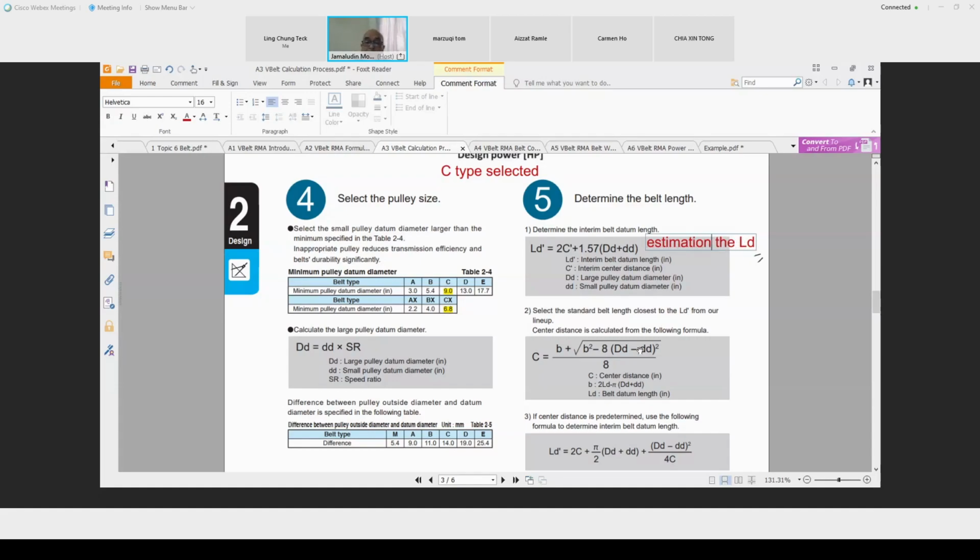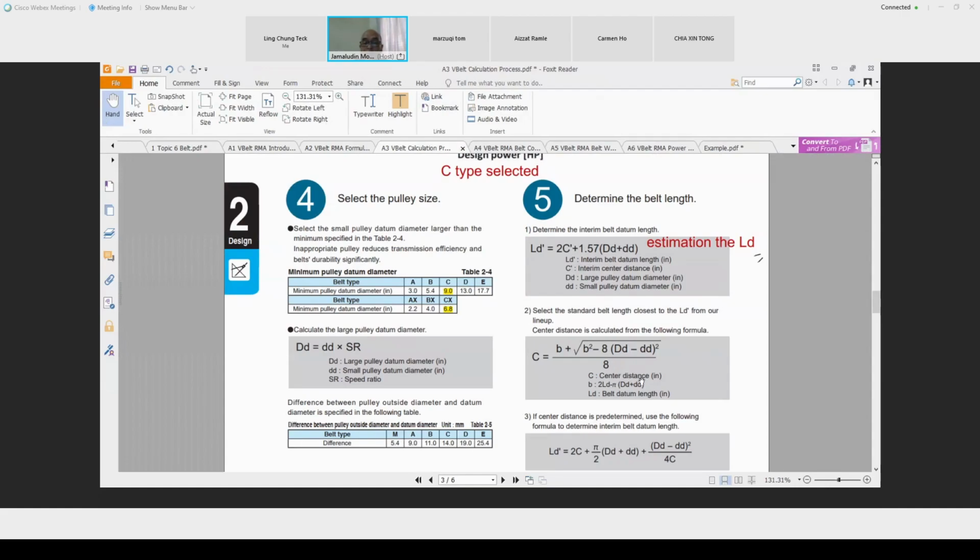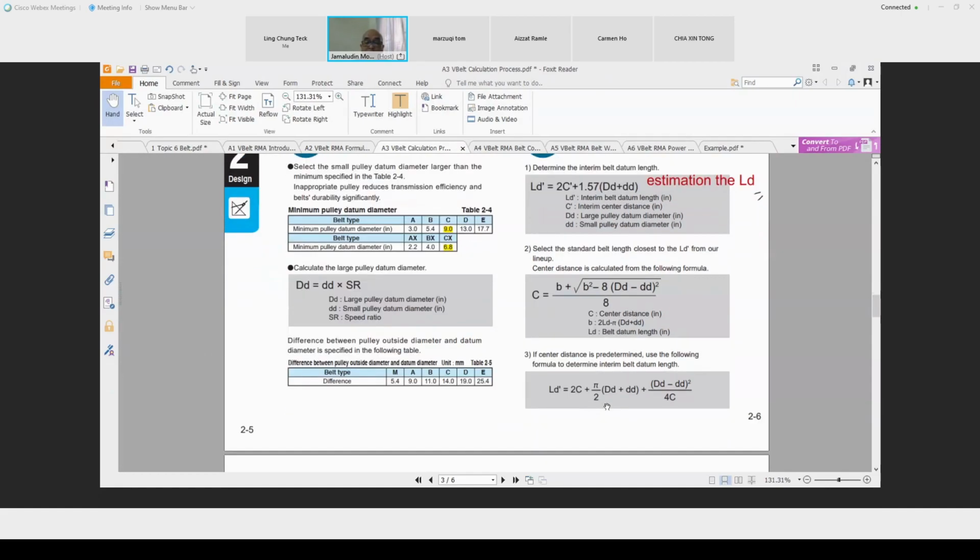Okay, the second equation here is the center to center equation, based on the B value, the length of the belt, and so on. The third one is for when you have predetermined the center to center.